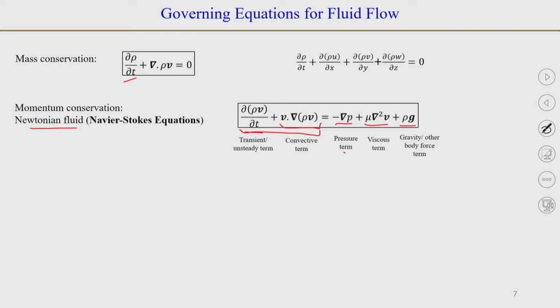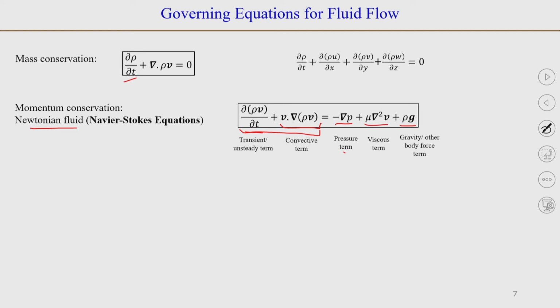Pressure and viscous are the surface forces, and gravity or any other body force that might be acting will be taken into account in the form ρg. So, these are the governing equations.